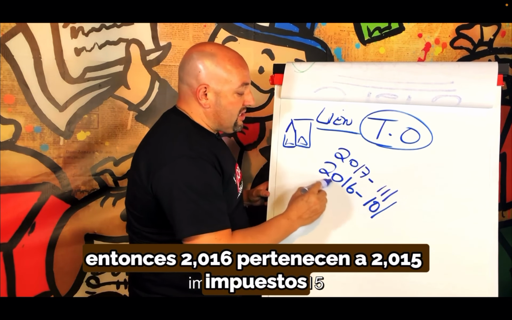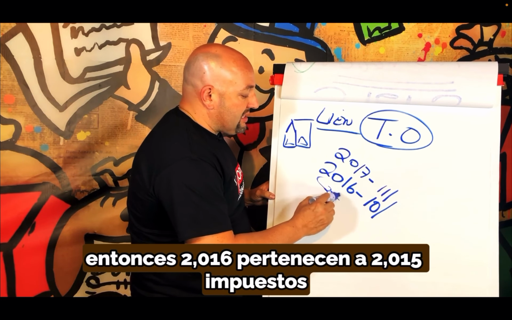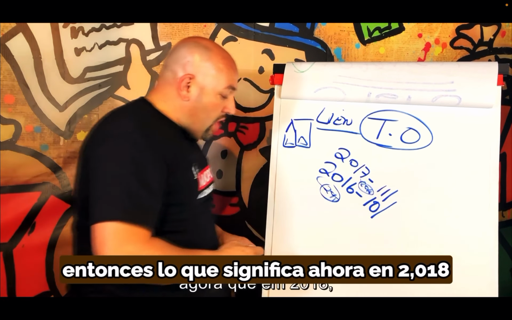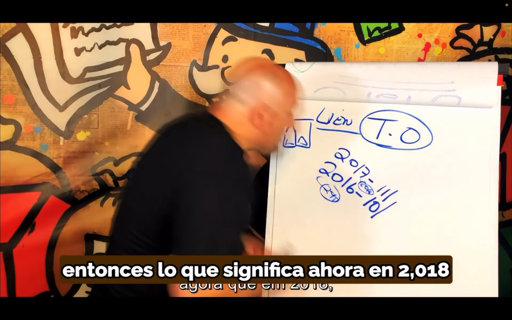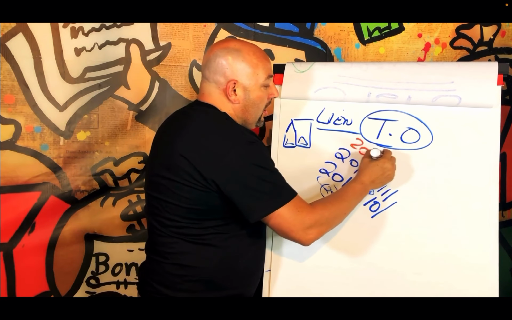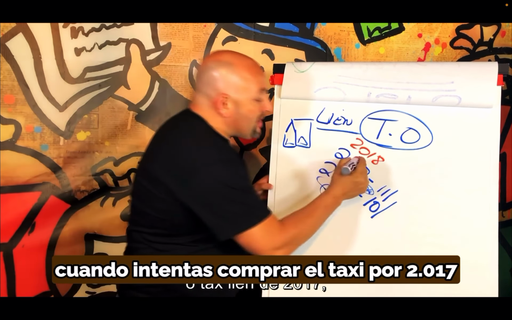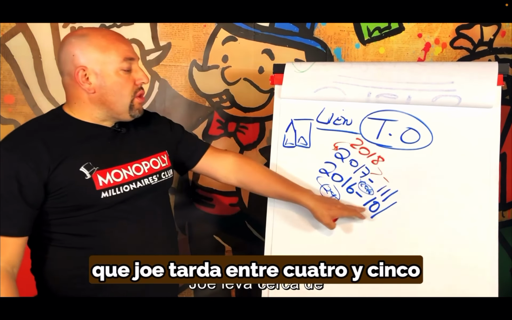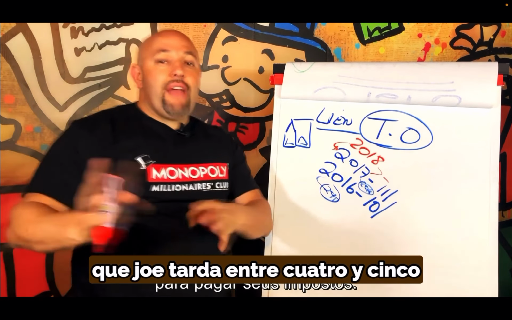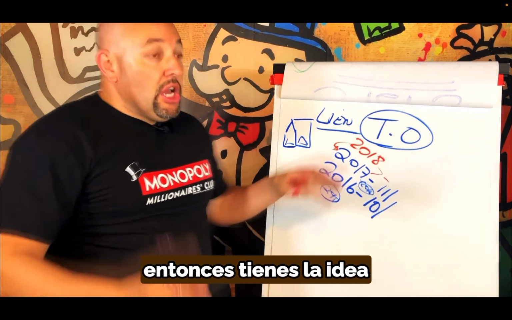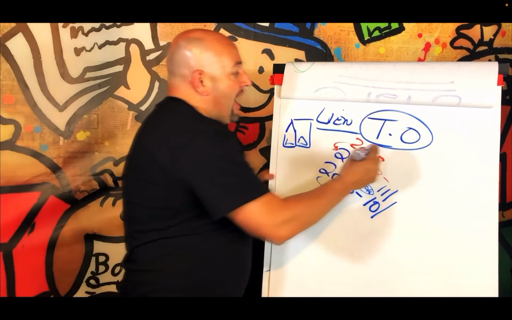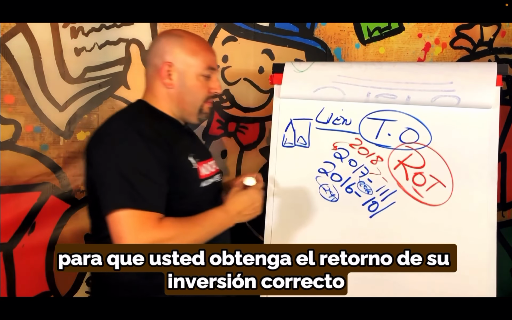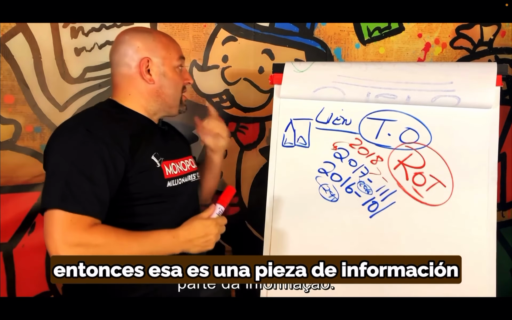So 2016 belongs to 2015 taxes, and 2017 belongs to 2016 taxes. Which means now, in 2018, when you try to buy the tax lien for 2017, you kind of know that Joe takes anywhere from 4 to 5 to 6 months to pay the taxes. So you have an idea how long it's going to take for you to get your ROI. So that's one piece of information.